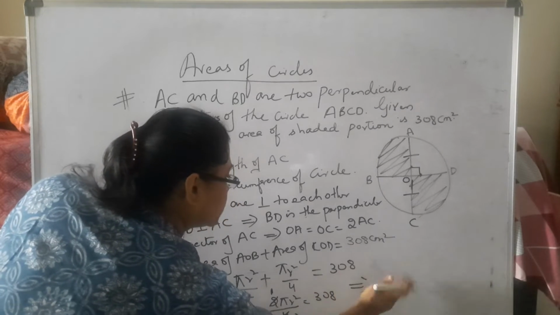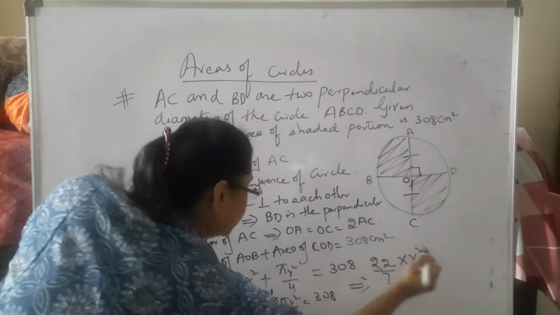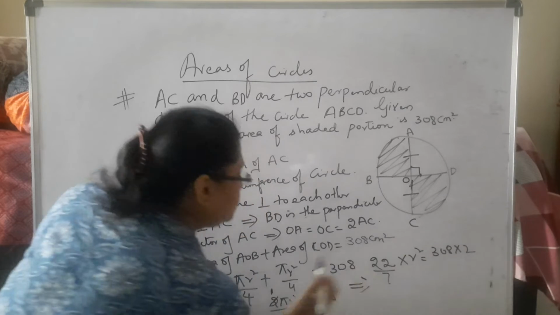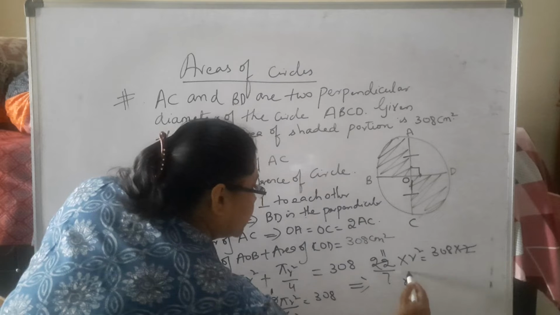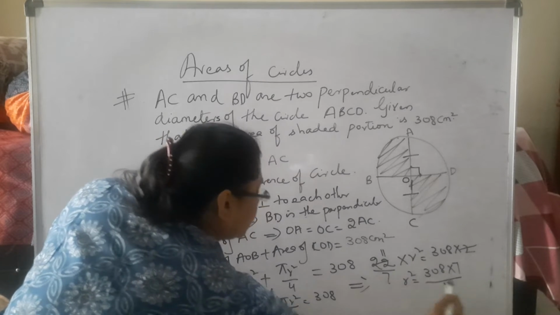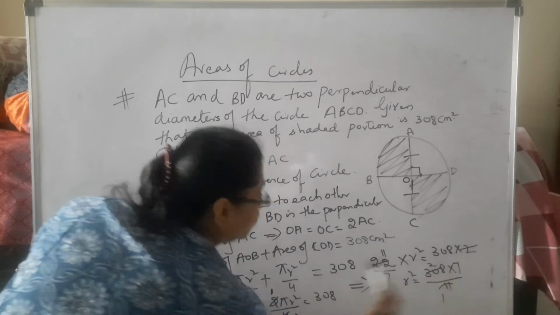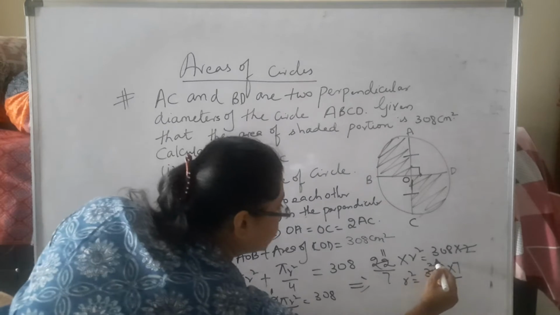Pi I'll write as 22 by 7, into r square is equal to 308 into 2. So 2 ones are 2, 2 elevens are 22. So r square is equal to 308 into 7 by 11. 11 ones are 11, 11 twos are 22 and 88. 8 will be remaining, 8 elevens are 88.